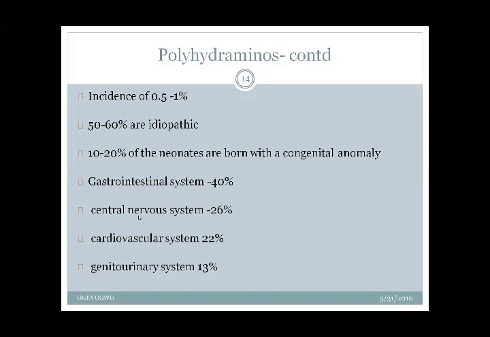So central nervous system abnormalities also can lead to polyhydramnios. Cardiovascular system as well, genitourinary if the urinary bladder and the renal systems are affected, and these are more so in cases of oligohydramnios, which we are going to see now.